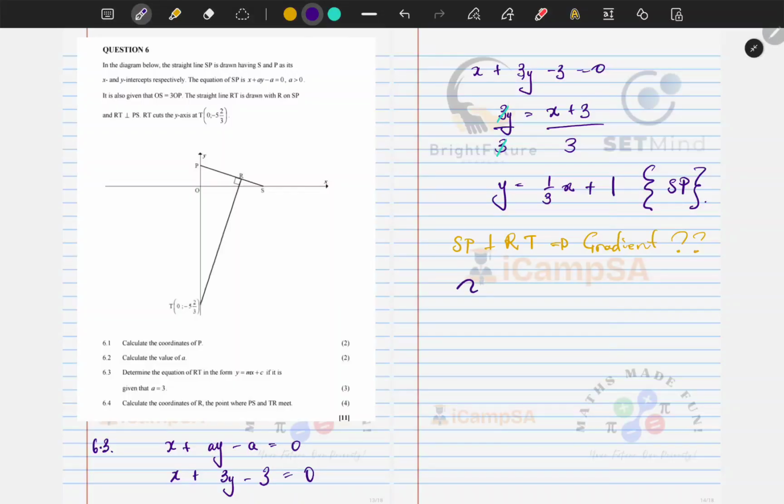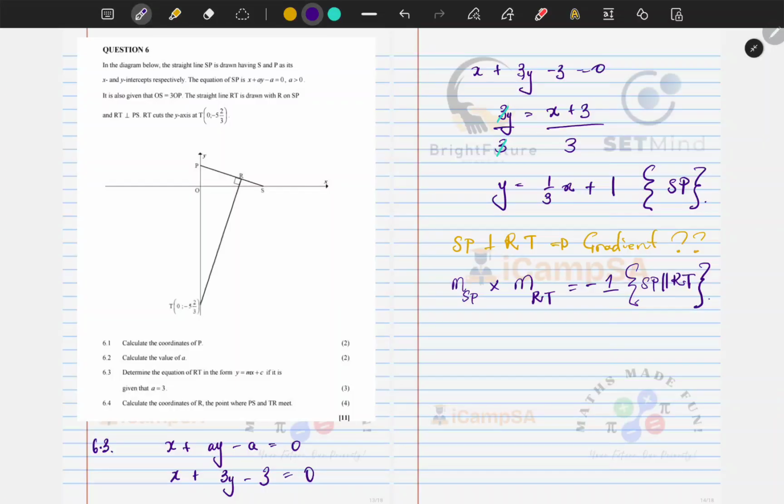The gradient of SP multiplied by the gradient of RT should be equal to -1. So the product of these gradients should give us -1. Why? Because your SP is perpendicular to RT.